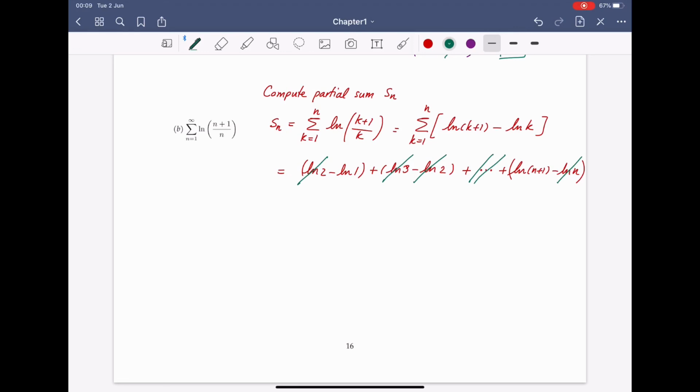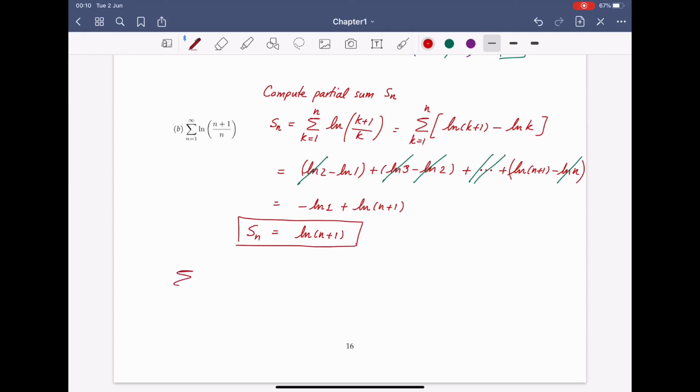So think carefully, you can see that everything cancels out, and what you have left is just negative log 1 plus log of n plus 1. And negative log 1 is 0, because log 1 is 0. What you have left is just log of n plus 1. So this is the partial sum for this question.